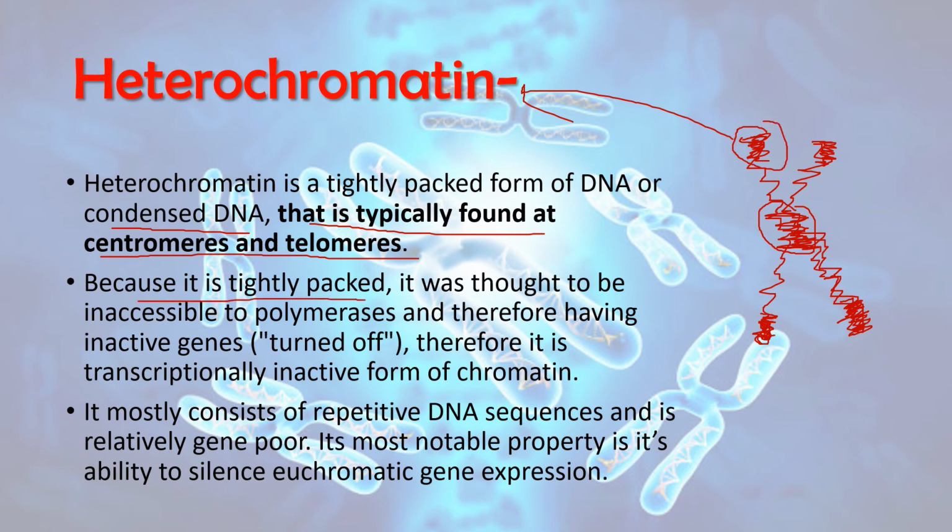Because it is tightly packed, it was thought to be inaccessible to polymerases and therefore to have inactive genes, that is, turned off genes. If something is very compact in structure, the polymerase cannot make its way in to replicate or transcribe it.